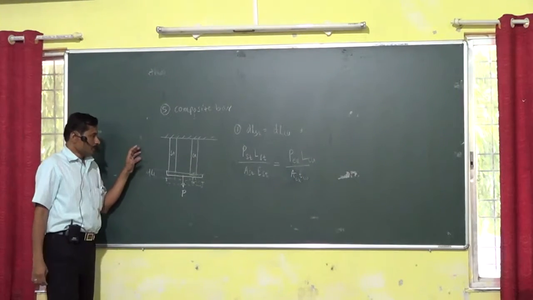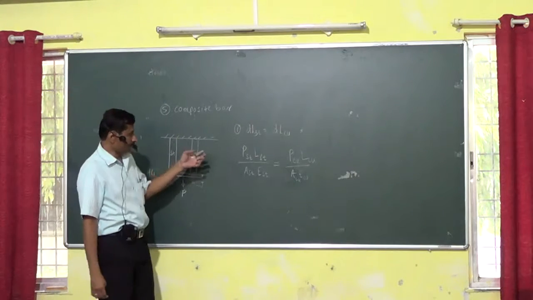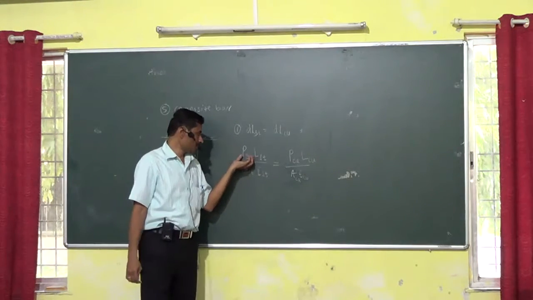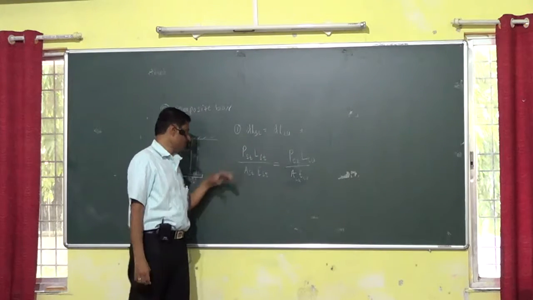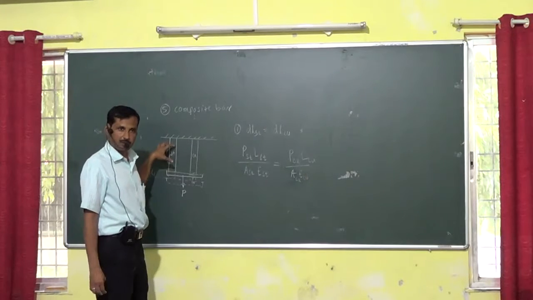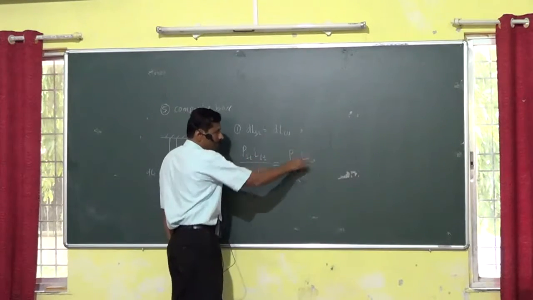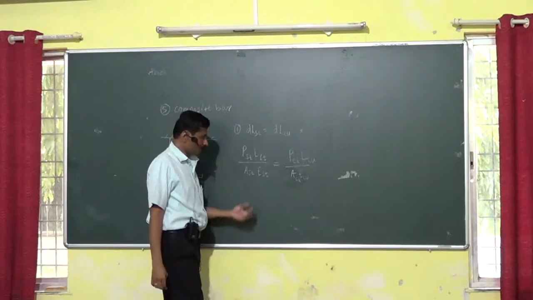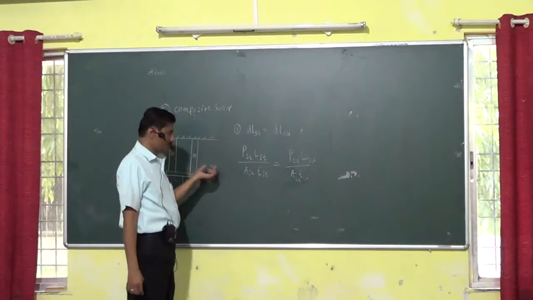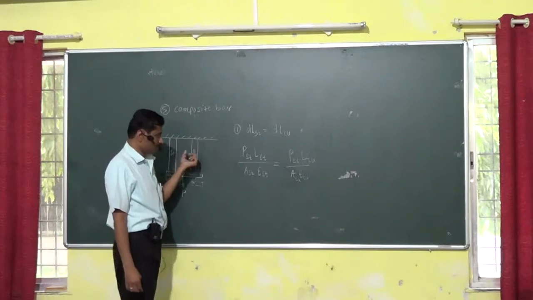In this case, the first equation between these forces will be established based on steel and copper. Because length is common for both cases, steel and copper, we are cancelling this length. The cross sectional area of steel and Young's modulus of steel are given to us.